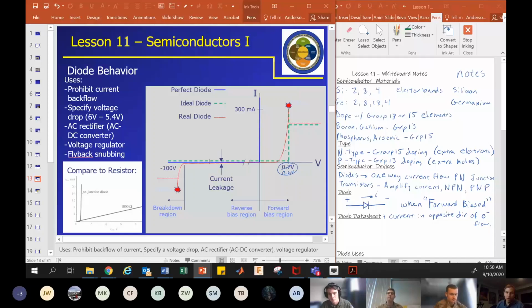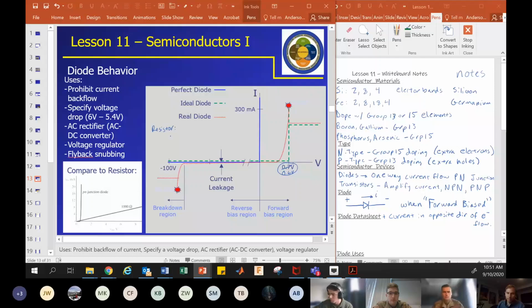So when we're doing circuits, we're doing calculations, we're going to assume that we get no current flow below 0.6, and at 0.6 it goes up. And then the voltage drop across that diode is constant. With a resistor, what's the voltage drop across the resistor? We just talked about this at the start of class.